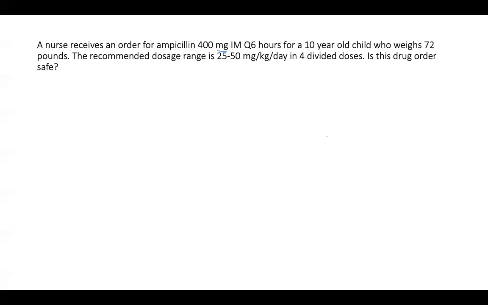The order is written as 400 milligrams Q6 hours, or 400 milligrams per dose, right? That means every 6 hours, this patient is going to receive 400 milligrams of this medication, or 1 dose. So I'm solving for milligrams per dose.